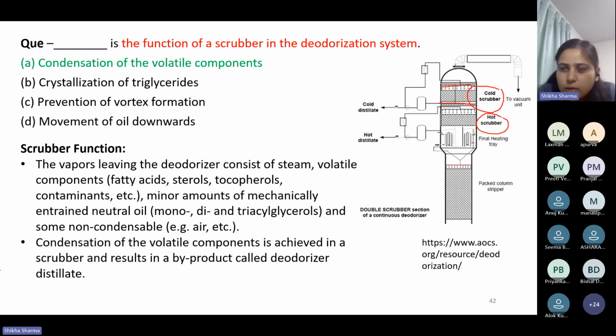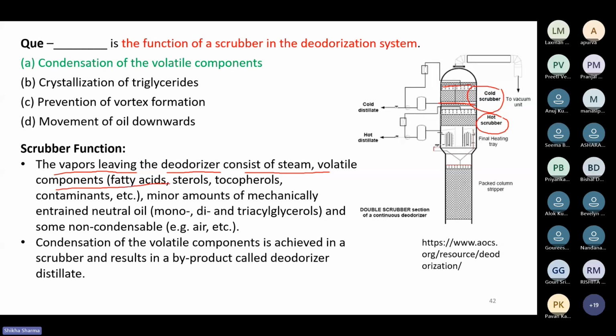The vapors leaving the deodorizer consist of steam, volatile compounds, fatty acids, sterols, tocopherols, contaminants, etc., or a minor amount of mechanically entrained neutral oil like mono-, di-, and triglycerols, and some non-condensables like air.